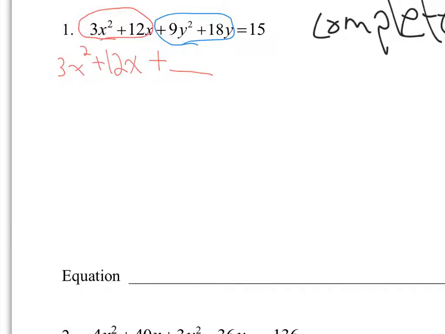I do not add 36 here. This doesn't work. What we have to do is make sure that there is nothing in front of the x squared. Just like before in completing the square, when there's a term in front of the x squared, we have to factor it out.